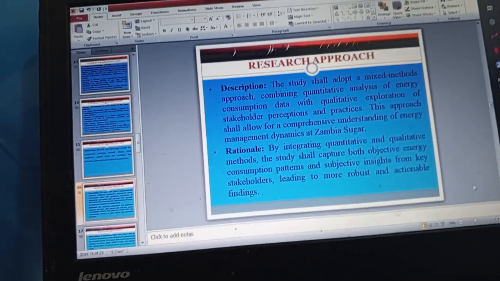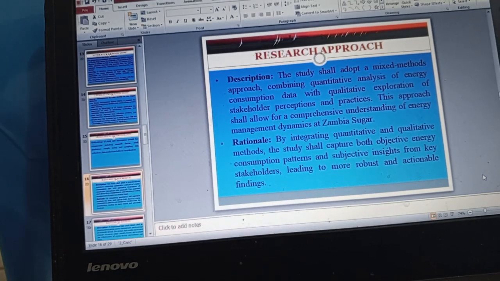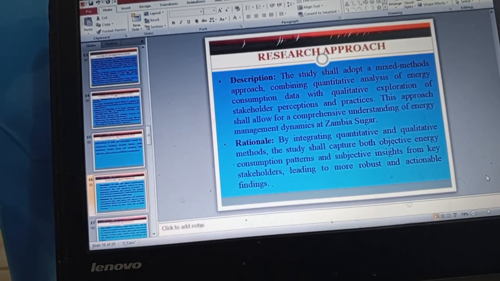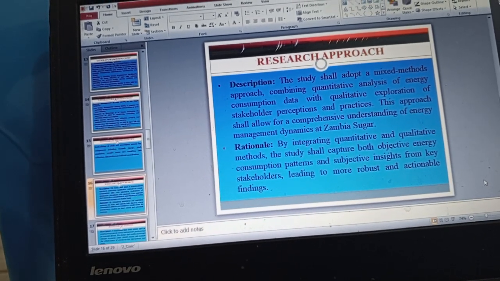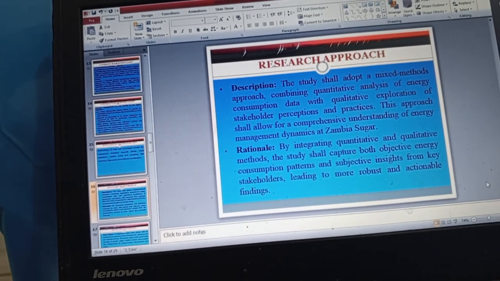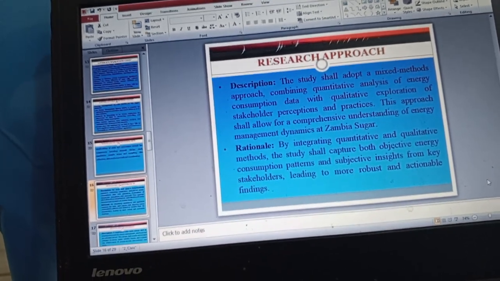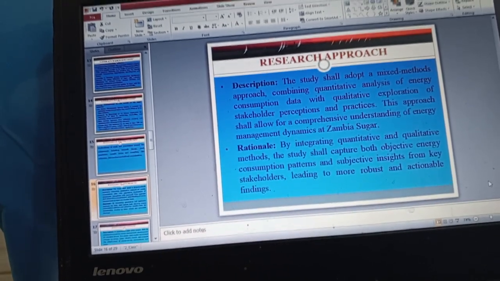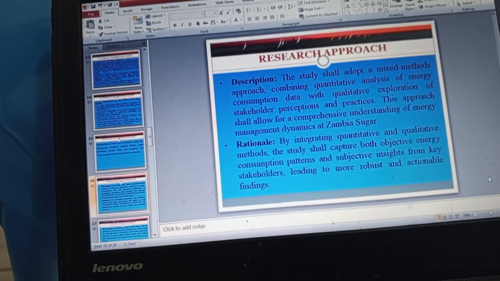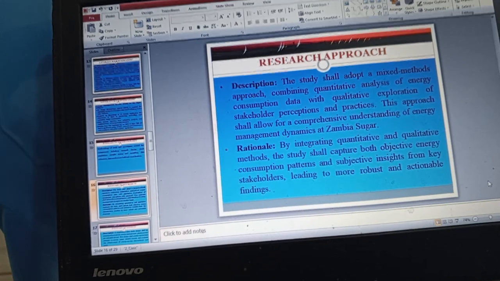Then for the research approach, description: the study shall adopt a mixed methods approach combining quantitative analysis of energy consumption data with qualitative exploration of stakeholder perceptions and practices. This approach shall allow for a comprehensive understanding of energy management dynamics at Zambia Sugar.